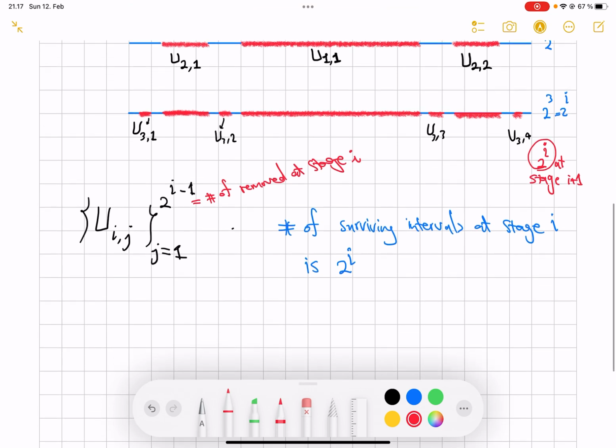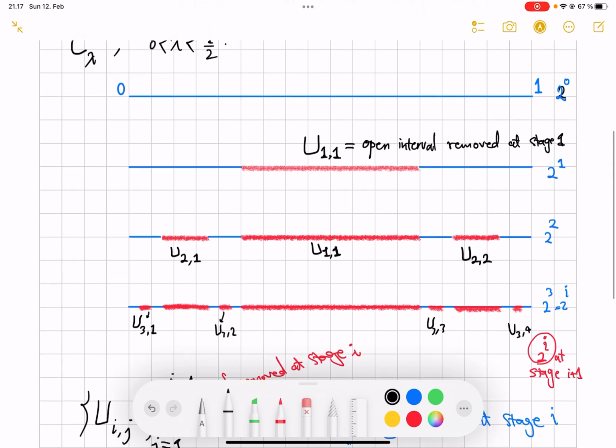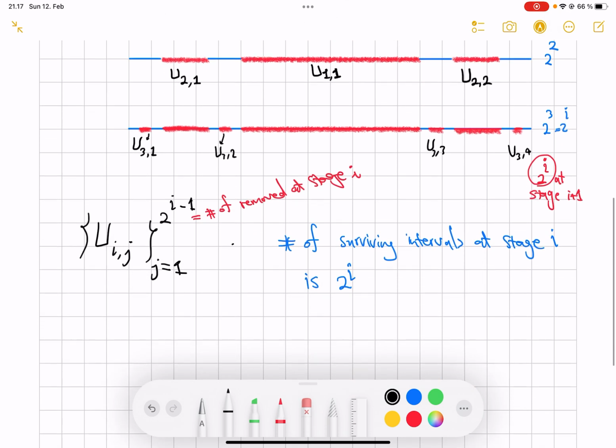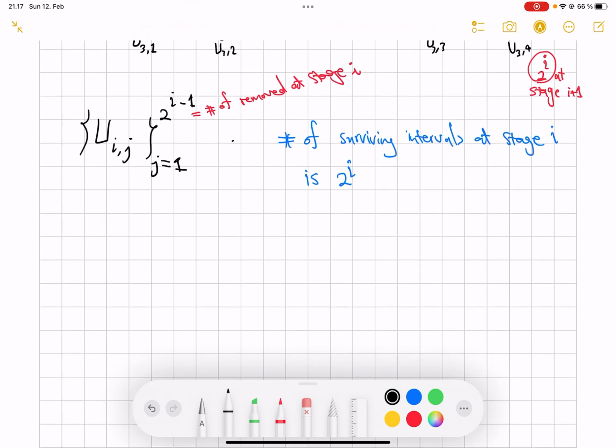Okay, now what is the construction of the Cantor function? The function will be first defined on the complement of the Cantor set. We define the function f first on the union over all j and then union over all i of these intervals U_{i,j}.